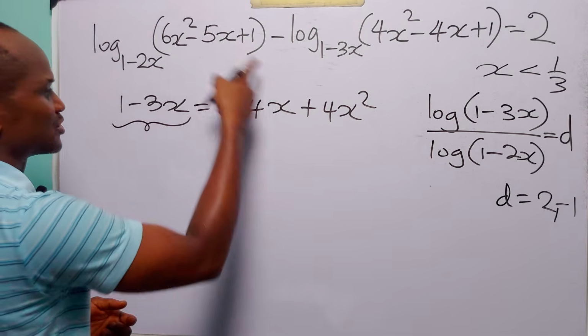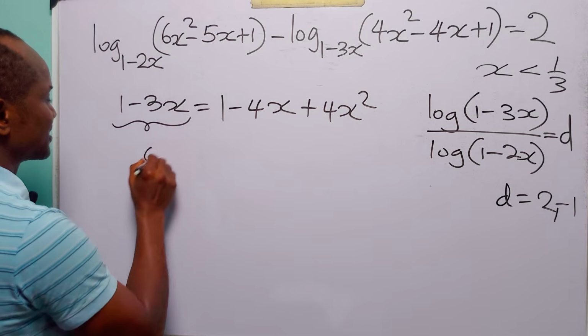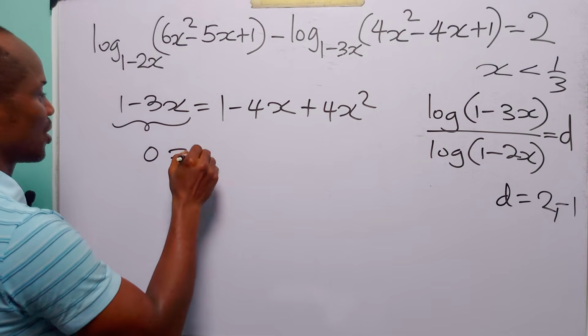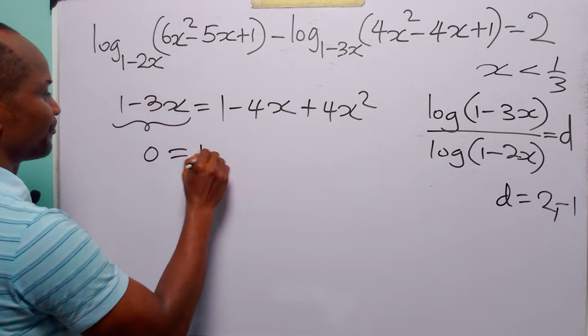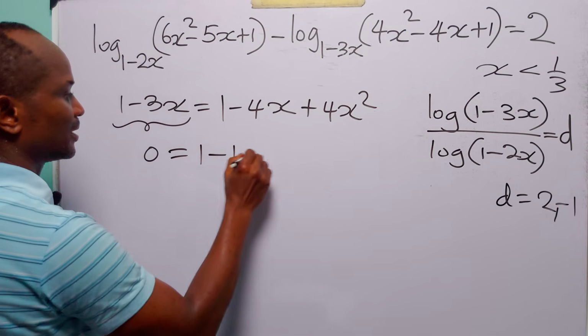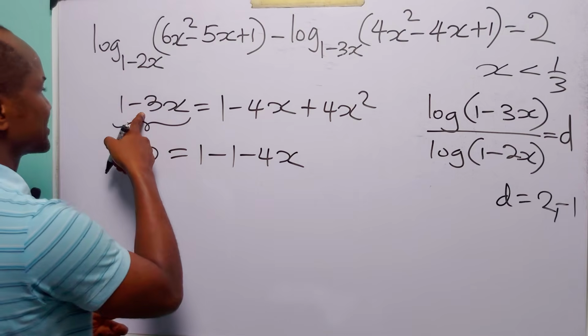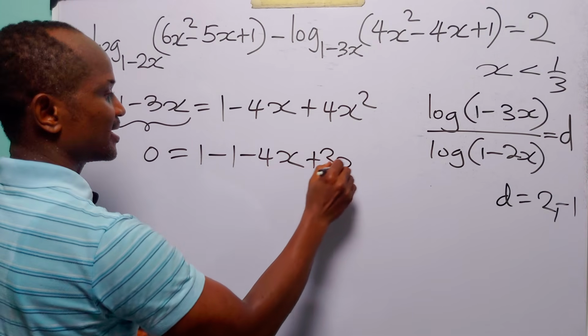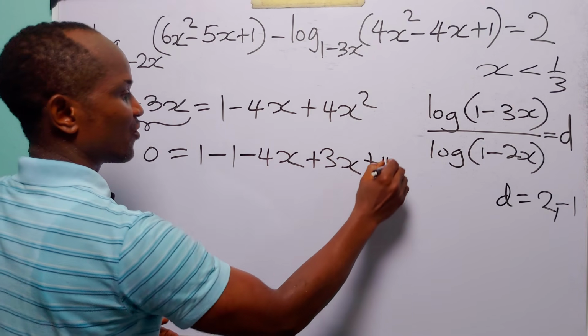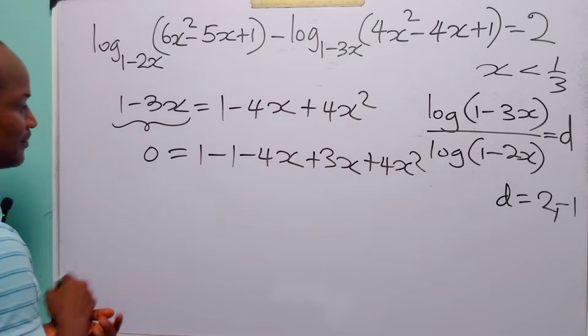Moving these two terms over to the right, we have that 0 is equal to 1 minus 1 minus 4x plus 3x plus 4x squared.